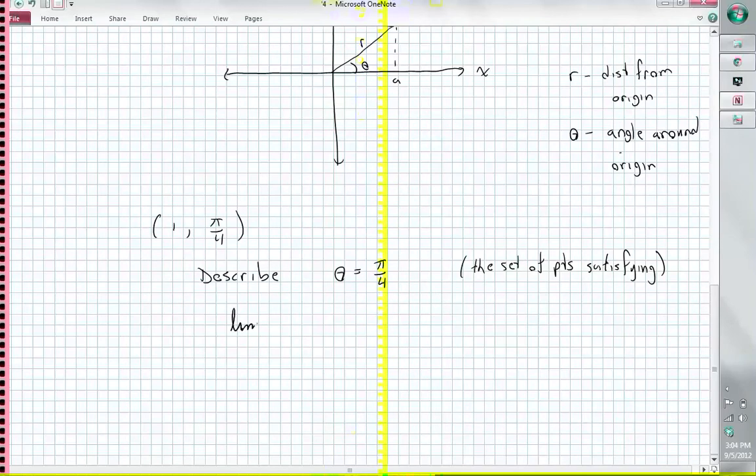It is a line. What's its direction, or its slope? Yeah, it's 1, right? And what's its y-intercept? 0. So yeah, you could sketch this.